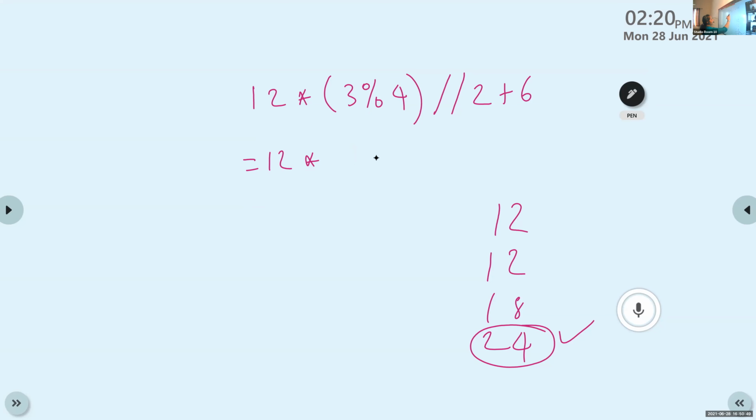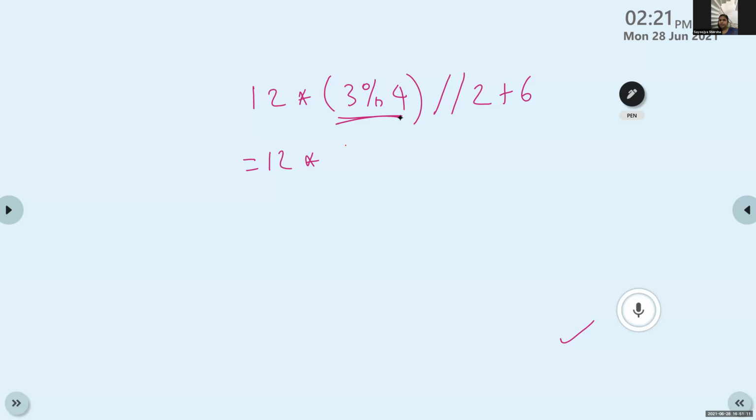Okay, Abhiram. I think this is the problem: 3 mod 4. What is the meaning of 3 mod 4? 3 divided by 4. Correct. Alan Varghese, Alan Shibu, Abhiram, switch on the video.